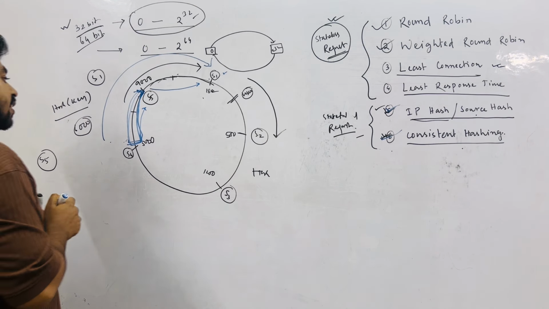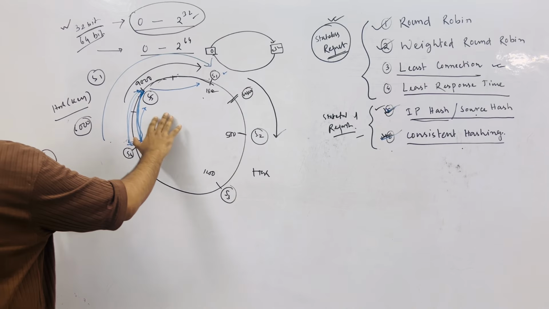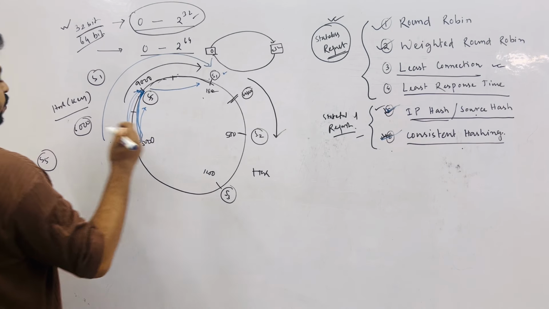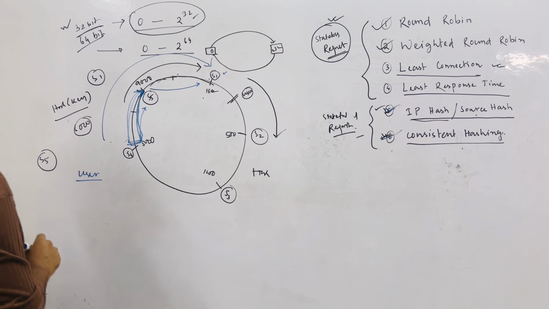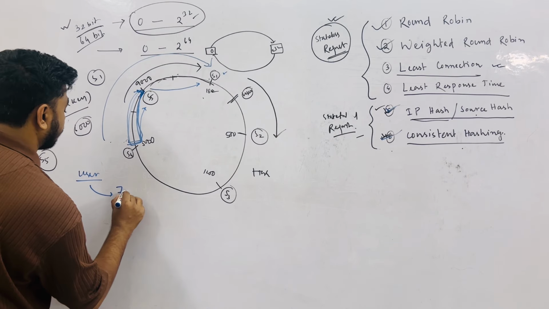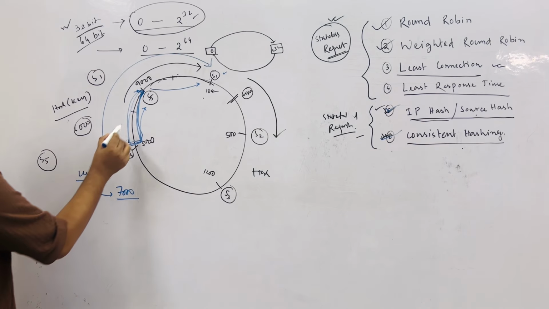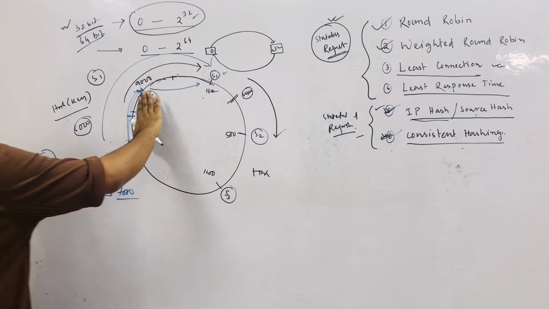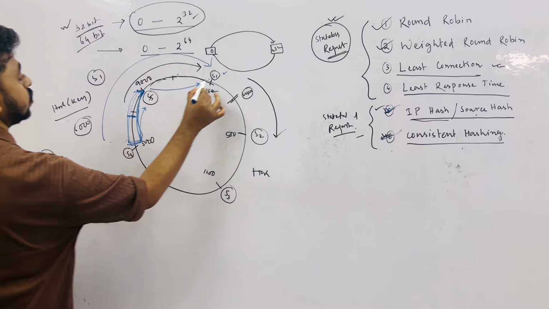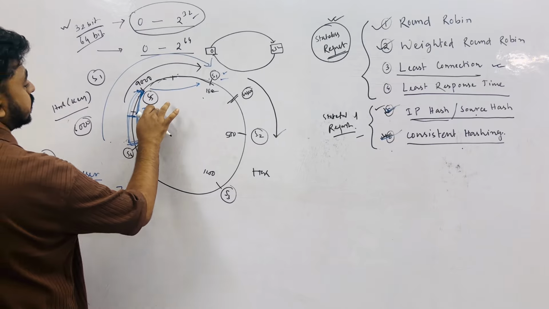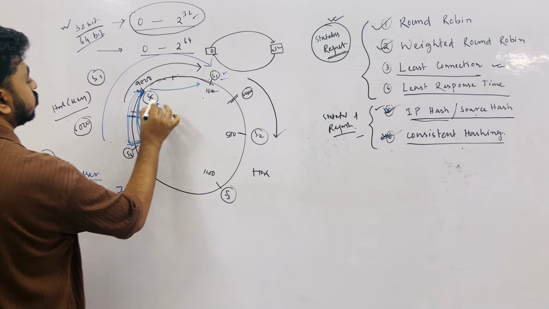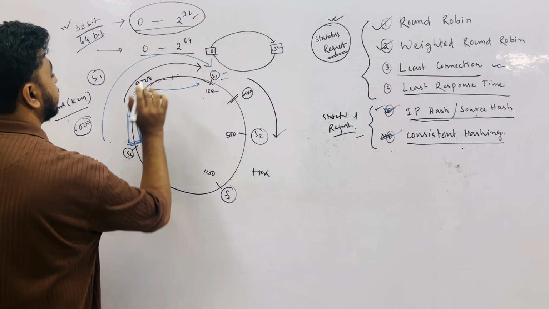How is consistent hashing exactly helping? If you are still not clear, just understand it this way. Suppose another user came whose hash is coming to 7000, so it lands here. Suppose S5 was not there, this request was going to be handled by S1, right? But now after S5 is added, this request is going to be handled by S5.